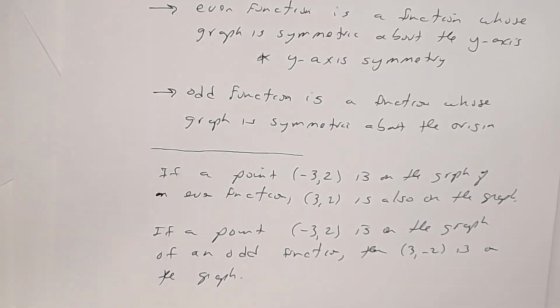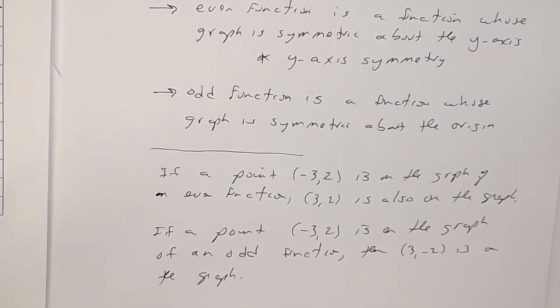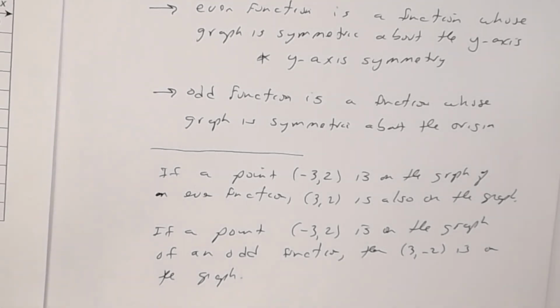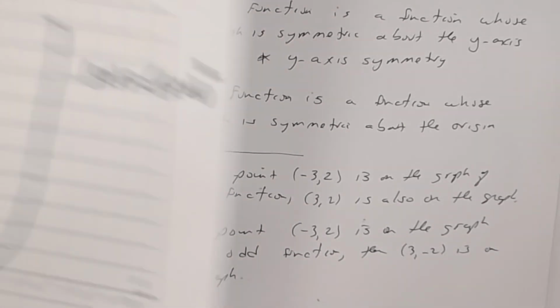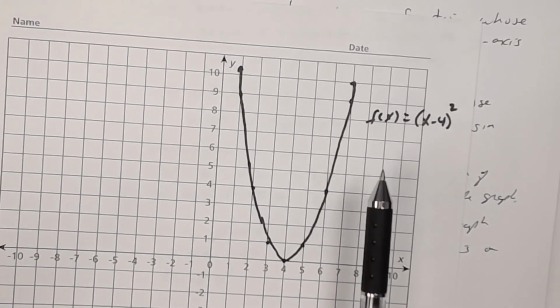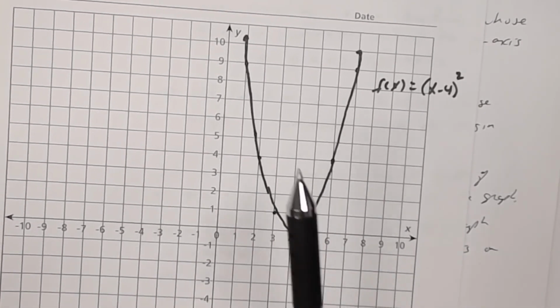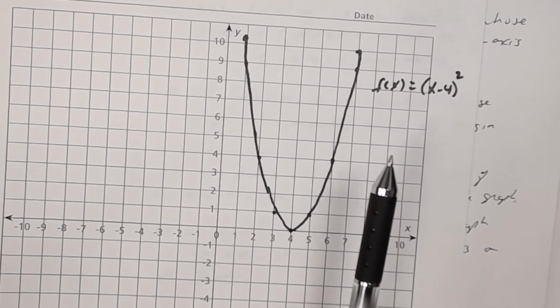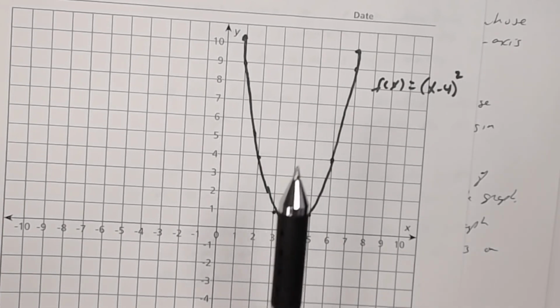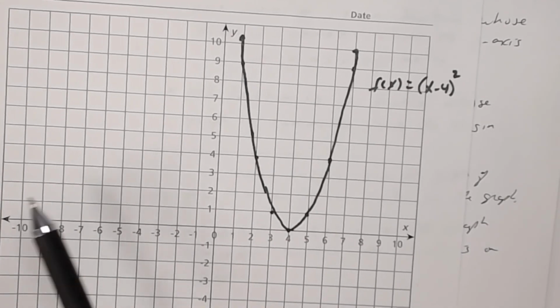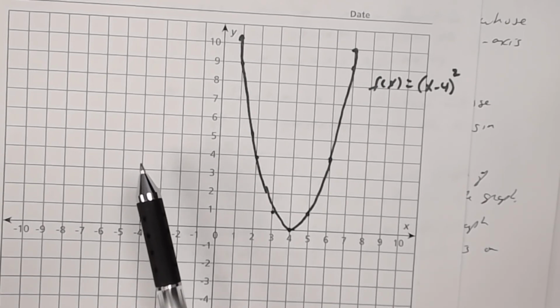Okay, now let's look at this idea. So I have this graph here, which is a quadratic function. And here's my question. Is this function an even function? Well, remember, it's an even function if it's symmetric about the y-axis. Is this function symmetric about the y-axis? No. It's not symmetric about the y-axis.